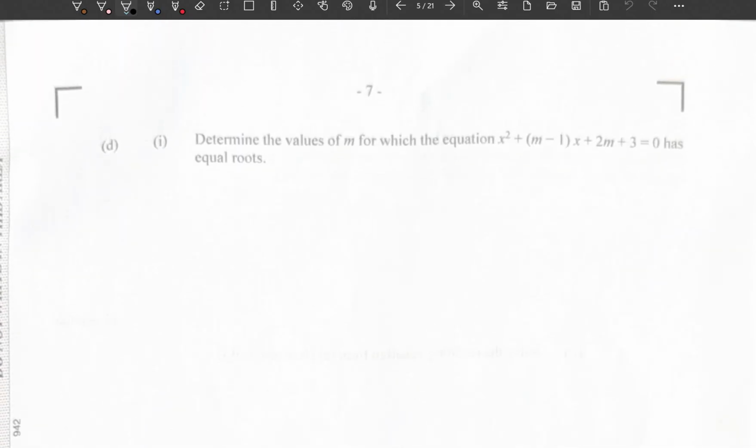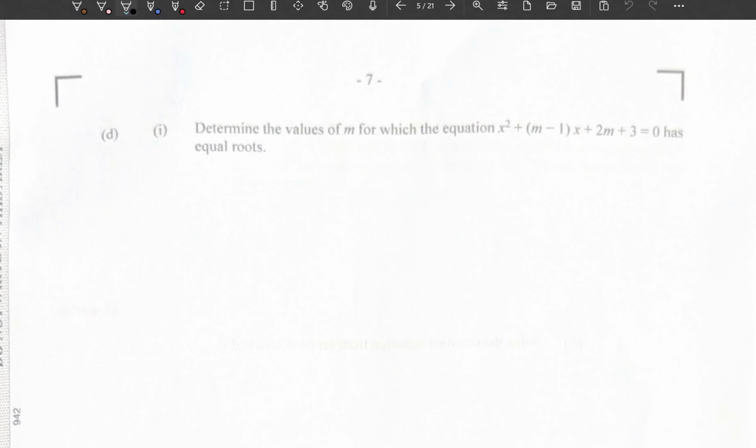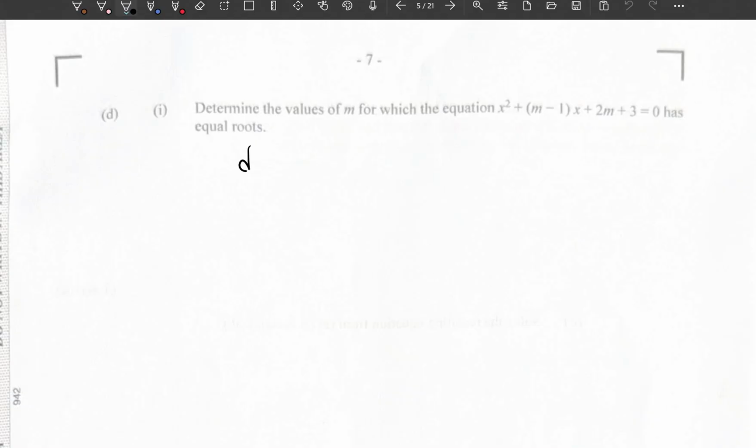Part 1 wants us to determine the values of m for which that equation has equal roots. Well, we know for an equation to have equal roots, the discriminant must be equal to 0. Right? And the discriminant is given by b squared minus 4ac. So let's identify that.